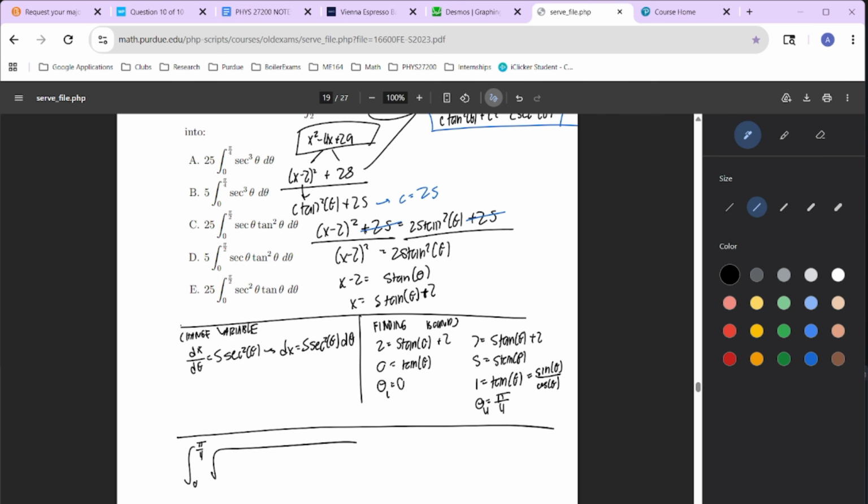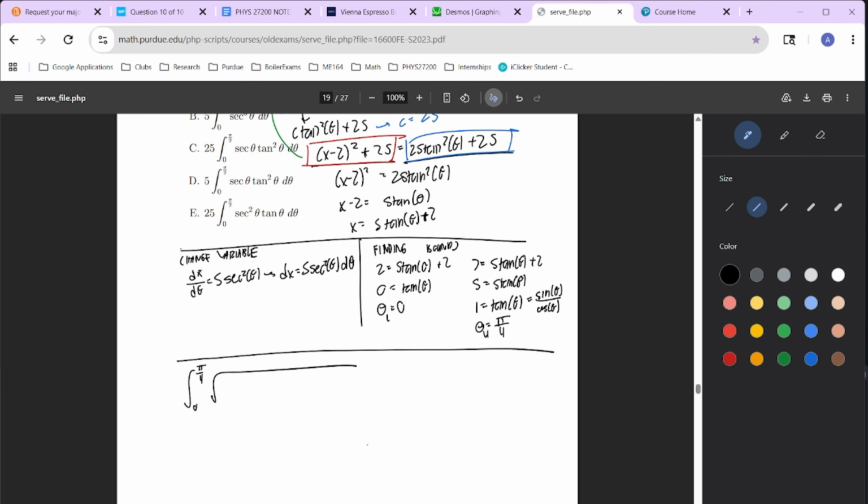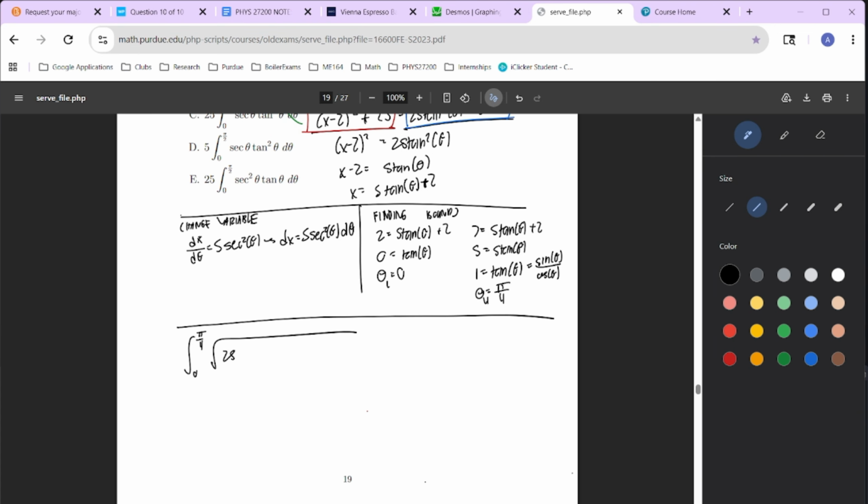But we saw before that this polynomial here, boxed in red, is equal to this trigonometric representation shown in blue, but this polynomial shown in red is equal to the standard form shown above, which means that we can directly substitute in 25 tangent squared of theta plus 25.